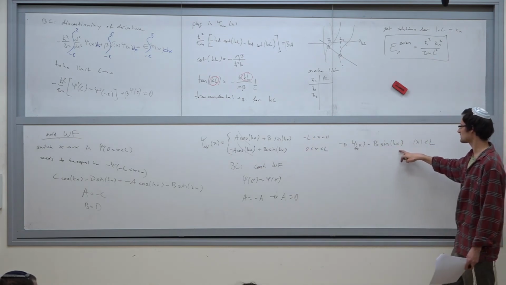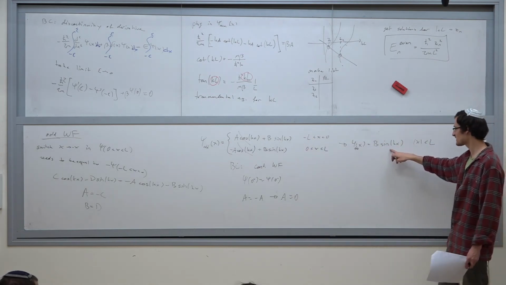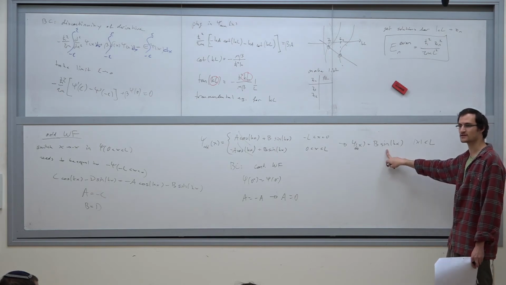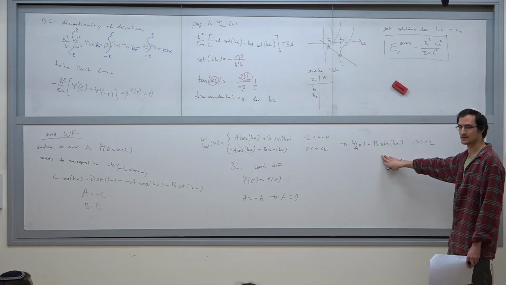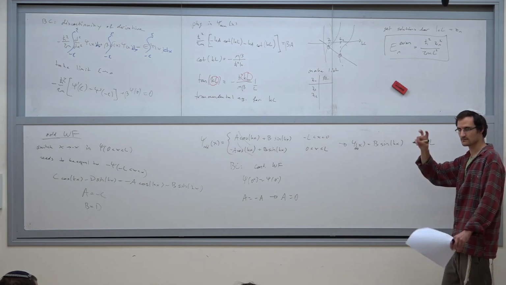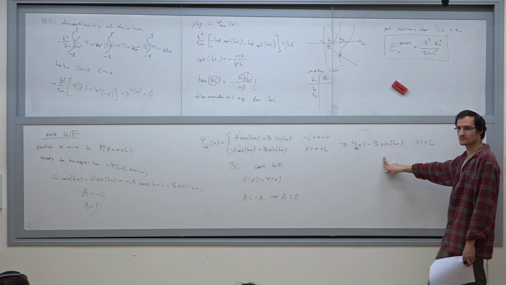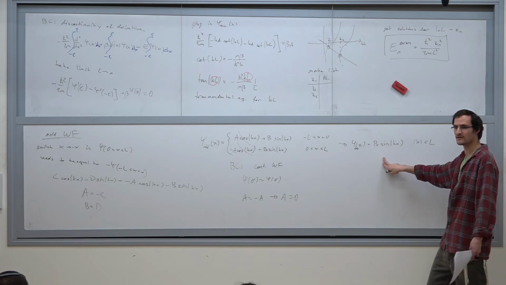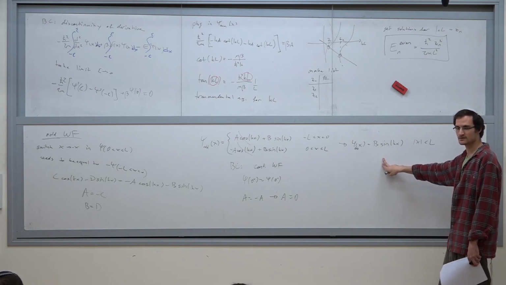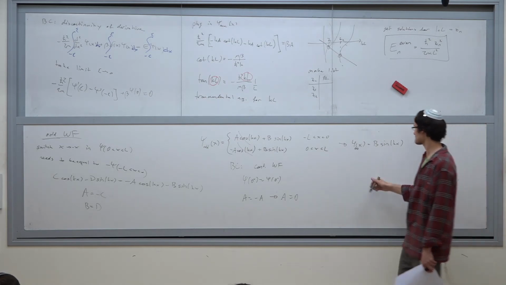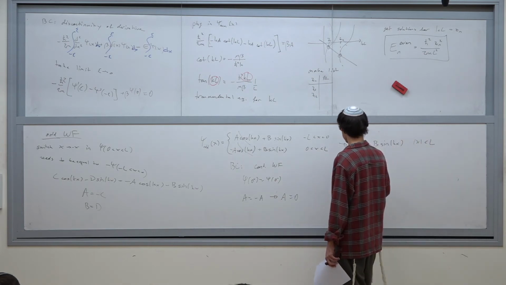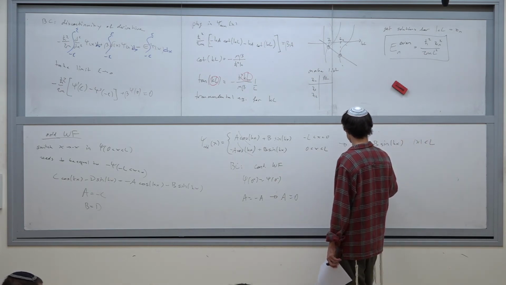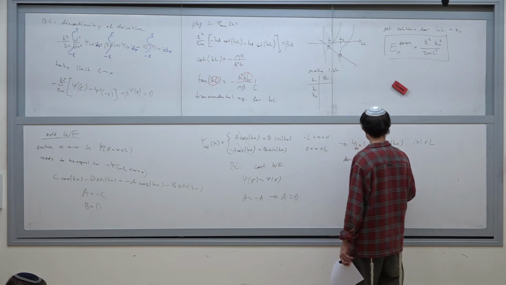So the derivative is continuous, although there's a delta function. Why is that so? Because the wave function vanishes where the delta function is, so it doesn't even feel the delta function. The probability of finding the particle where the delta function is, is 0.